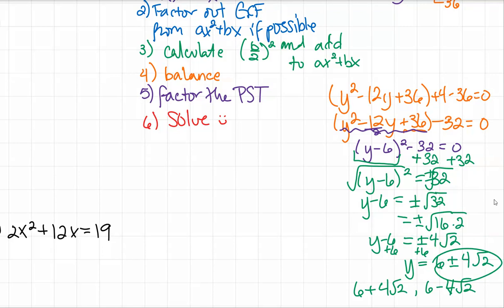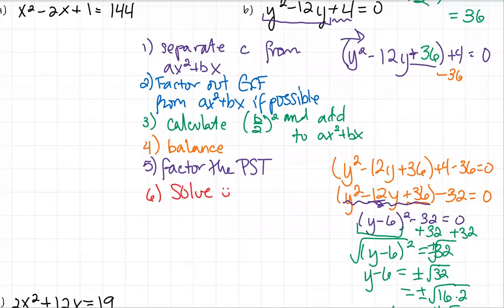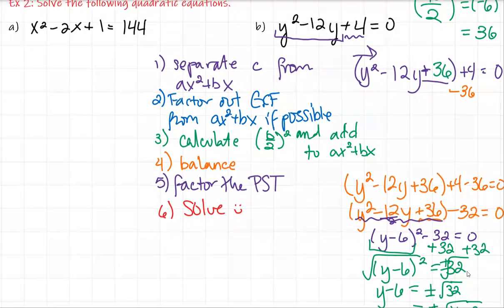Let's go ahead and go back up and see why part A doesn't really fit this. Notice the left-hand side. It's already a perfect square trinomial, right? Because I can factor that as x minus 1 squared equals 144, right?